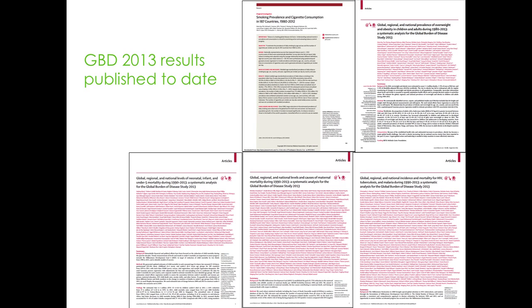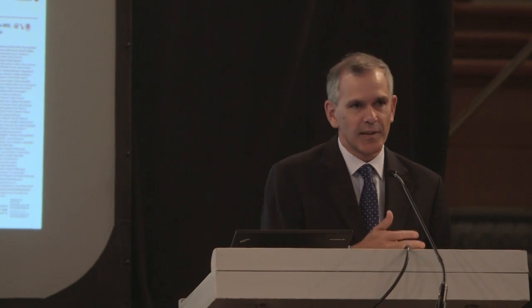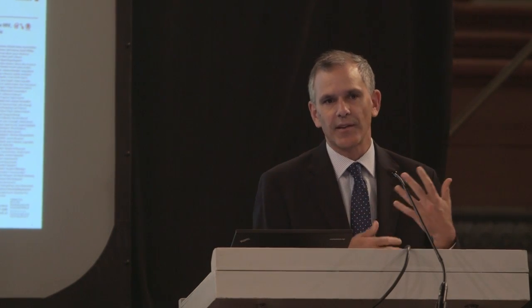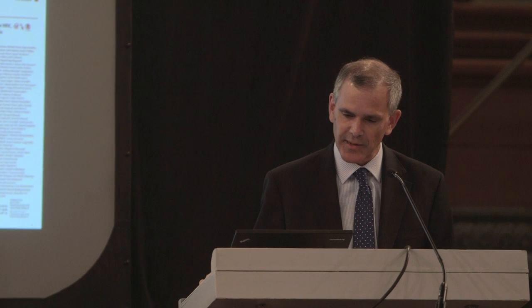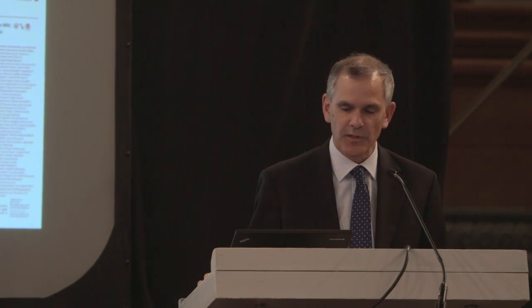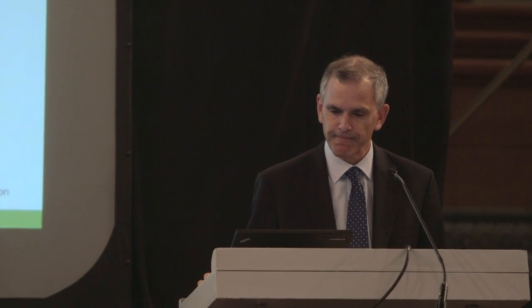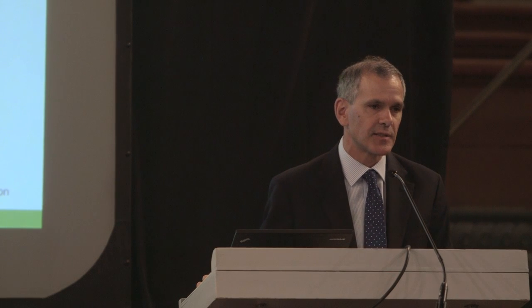And so to date, there have been 5 main publications from the GBD 2013: our tobacco analysis in JAMA, separate analyses around obesity, and then the MDG 4, 5, and 6 papers that have come out electronically and now in print this last week. There will be similar summary papers on cause of death, on risk factors and DALYs that are coming, and then many disease and risk factor specific studies that will be released. Okay, so that's some context.